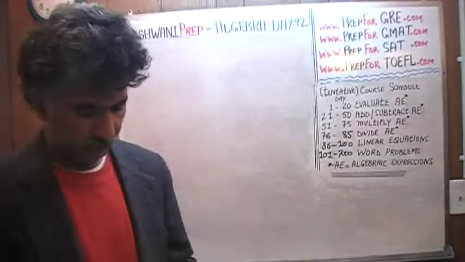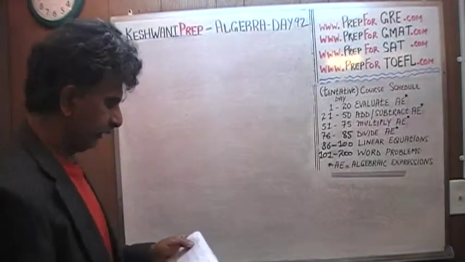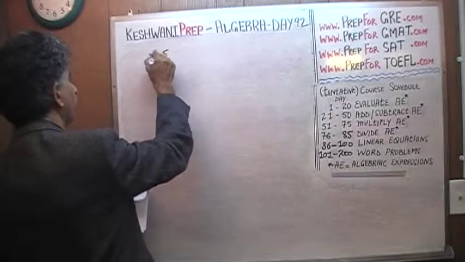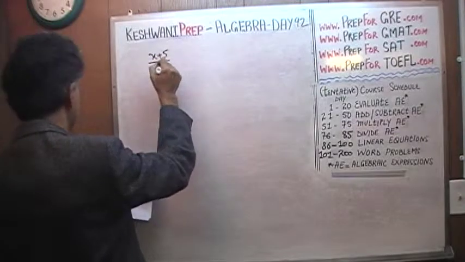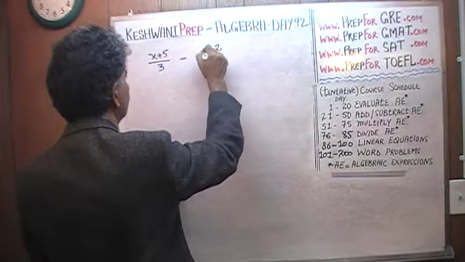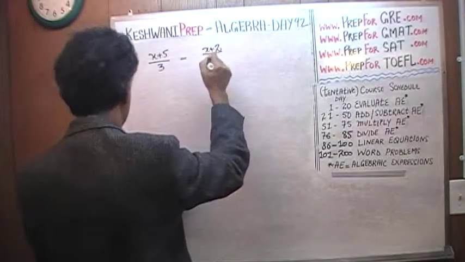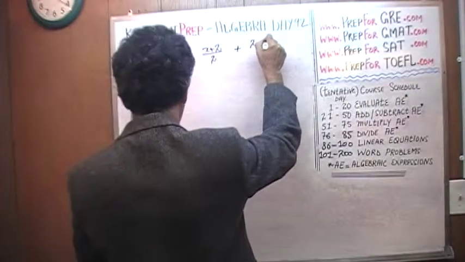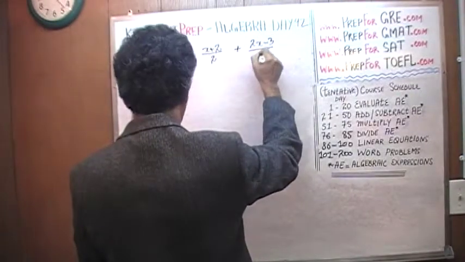As I said, we are learning how to solve linear equations. So here's the equation: (x plus 5) over 3 minus (x plus 2) over 2 plus (2x minus 3) over 5.